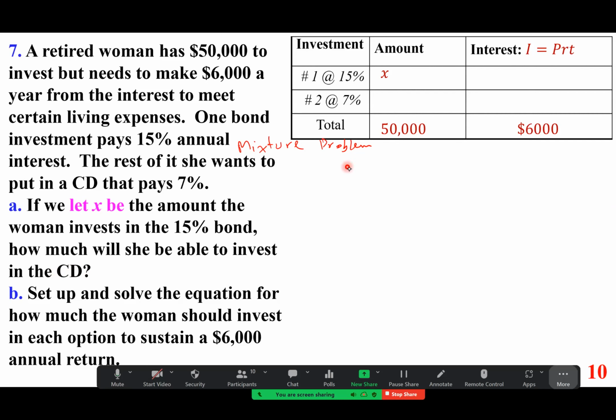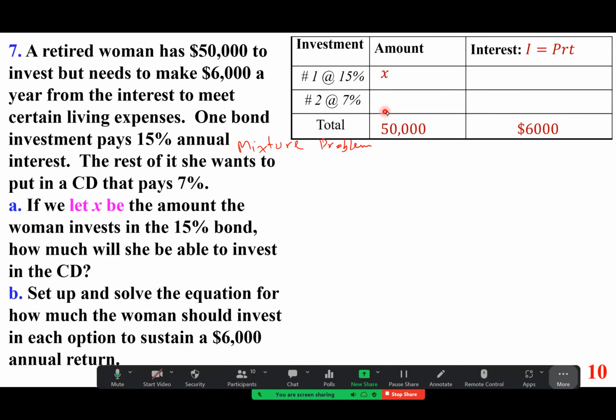The reason it's called the mixture problem is because these two amounts mix up to be the constant amount that we have, in this case, 50,000. Sometimes we use Y and we say X plus Y is 50,000. Sometimes we say, no, we don't want to go with two variables because we haven't covered the system yet. Of course, we have in previous courses.